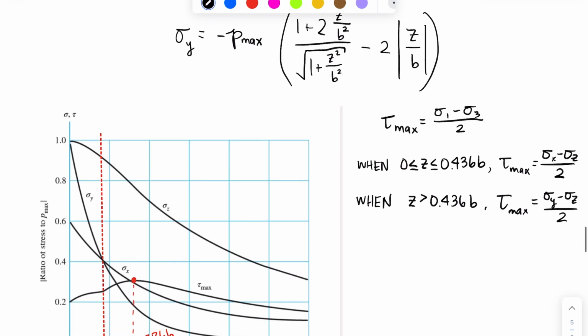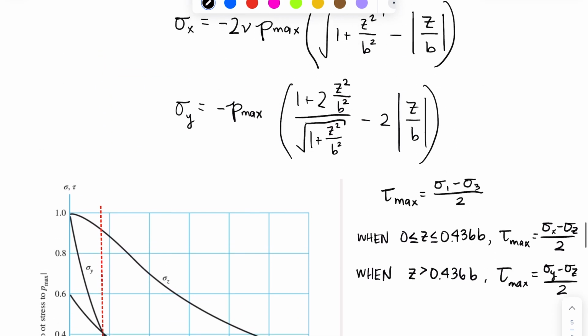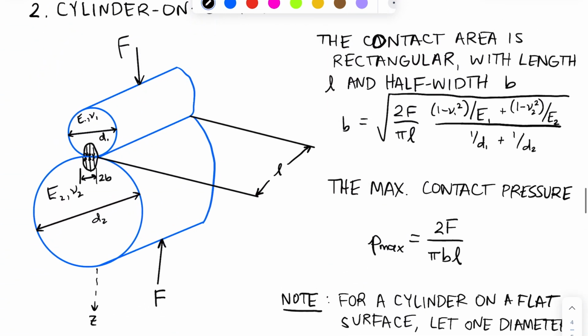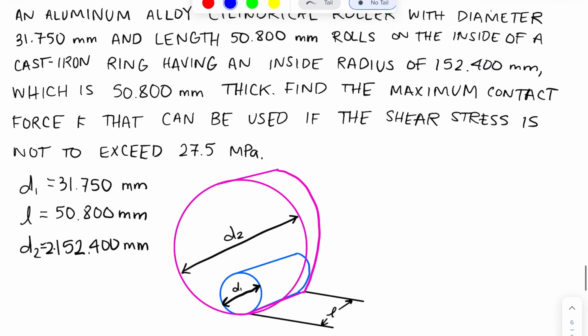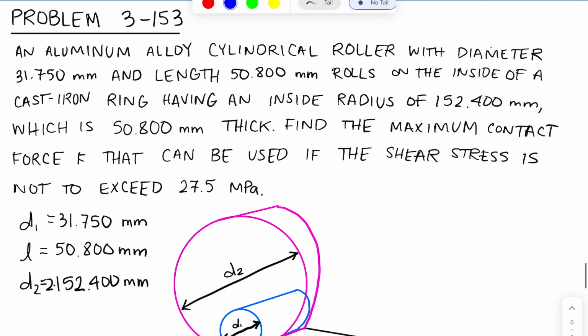So this is how we're going to solve this problem. But what we're going to need that we haven't been given are these elastic constants. So we need the Young's modulus and Poisson's ratio of the aluminum alloy cylindrical roller and the cast iron ring.